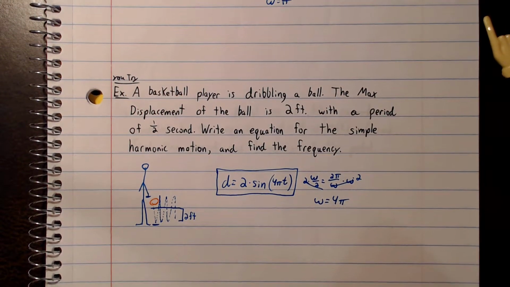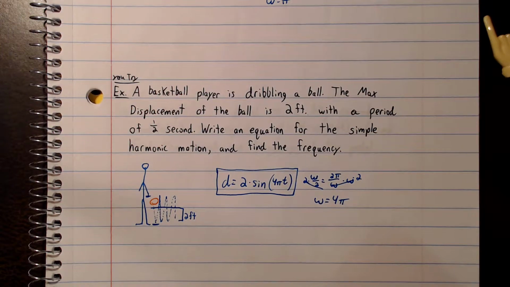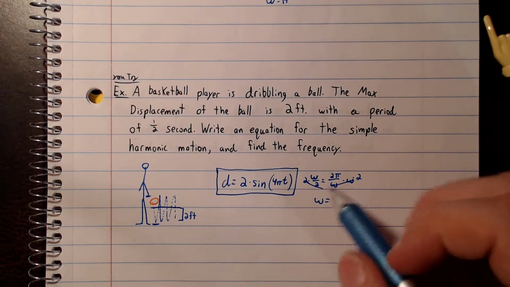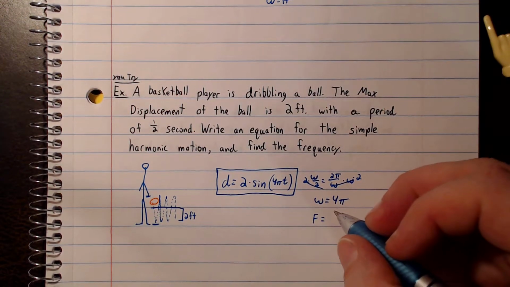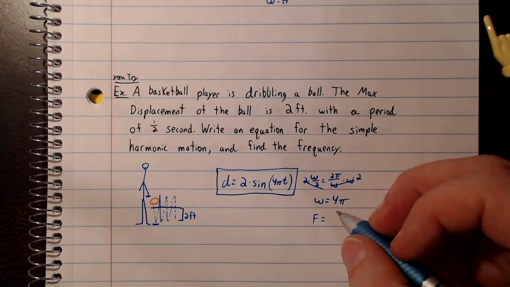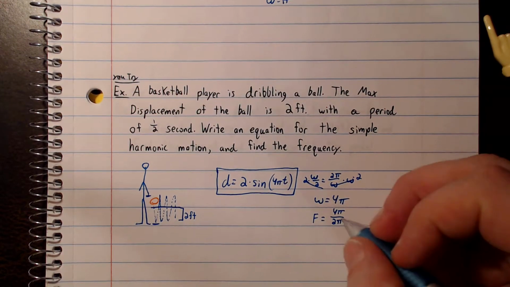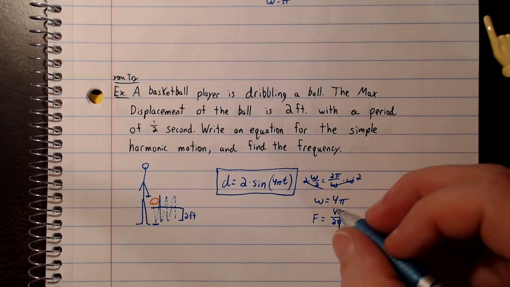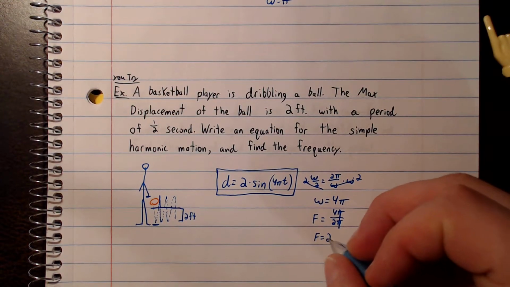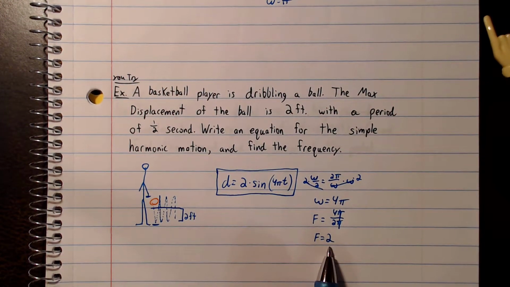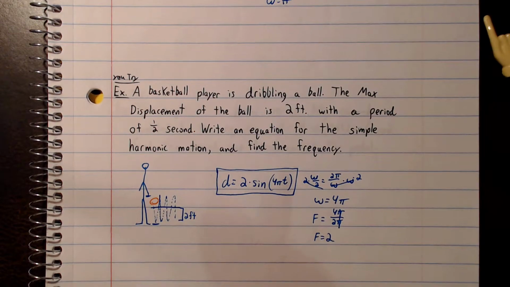Not bad, right? Then we want the frequency, which all we have to do is take this and divide it by 2 pi, right? So 4 pi divided by 2 pi. Our pi's cancel. 4 divided by 2 is 2. So every 2 seconds we get a dribble.